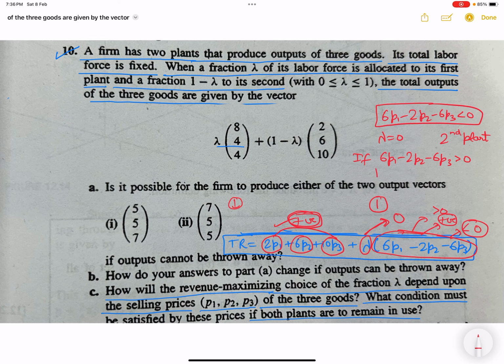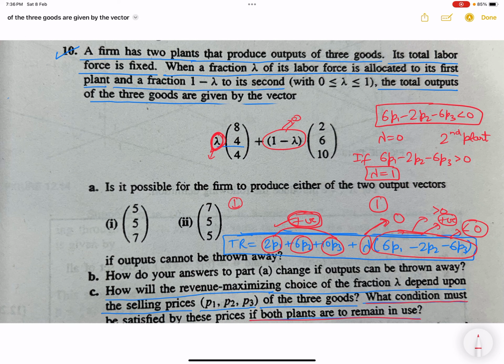So in that case lambda should be equal to 1, which means all the labor is devoted to production in the first plant only, and in the second plant it should be 0. Now, what condition must be satisfied by these prices if both plants are to remain in use?